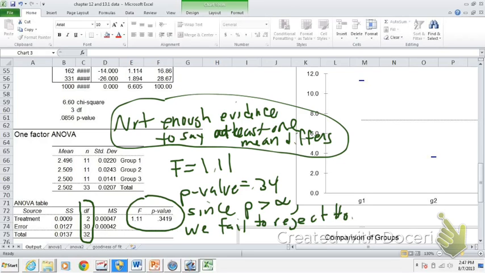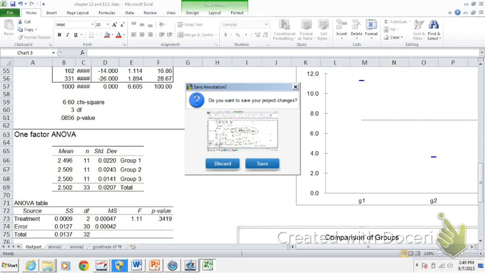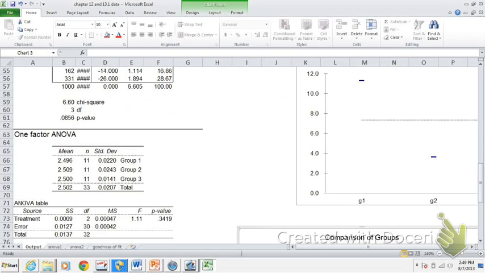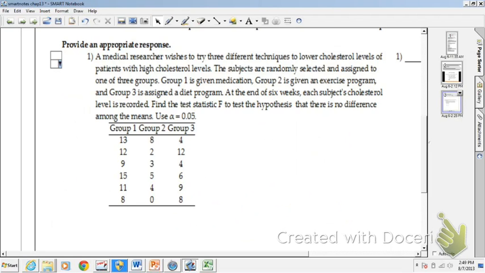Okay, let's try taking a look at one where perhaps the p-value ends up significant. So I have another test here. This one I'd like to read to you first. It says a medical researcher wishes to try these 3 different techniques to lower cholesterol levels of patients with high cholesterol levels.